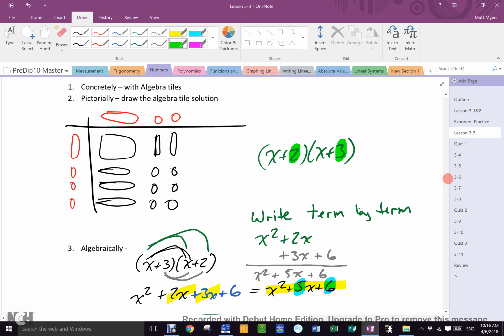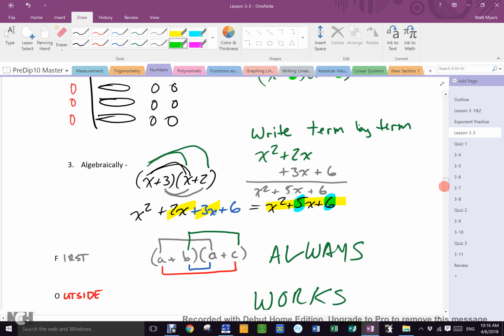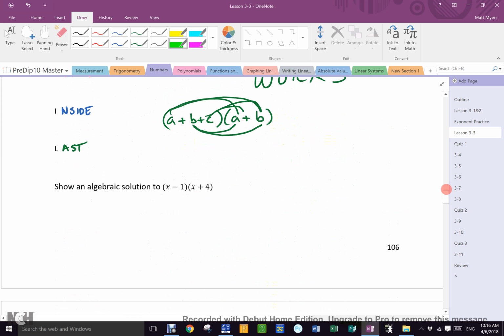Now that I am showing you now, after I've shown you everything else, because it only works if your computer works. It only works a plus b, a plus c.